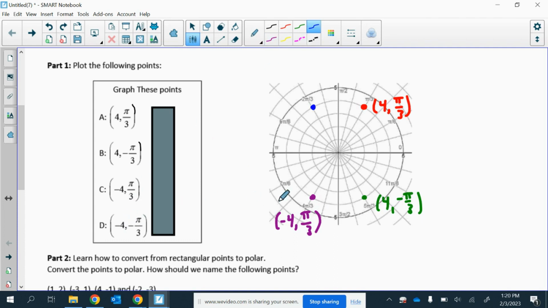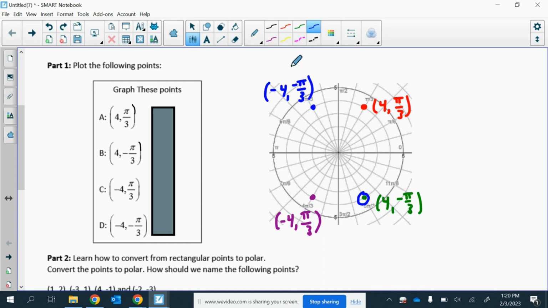And finally, negative 4, negative pi thirds would be going negative pi thirds, but instead of going a radius of 4, we're going to go in the opposite direction and go a radius of negative 4. So the blue point would be negative 4, negative pi thirds.